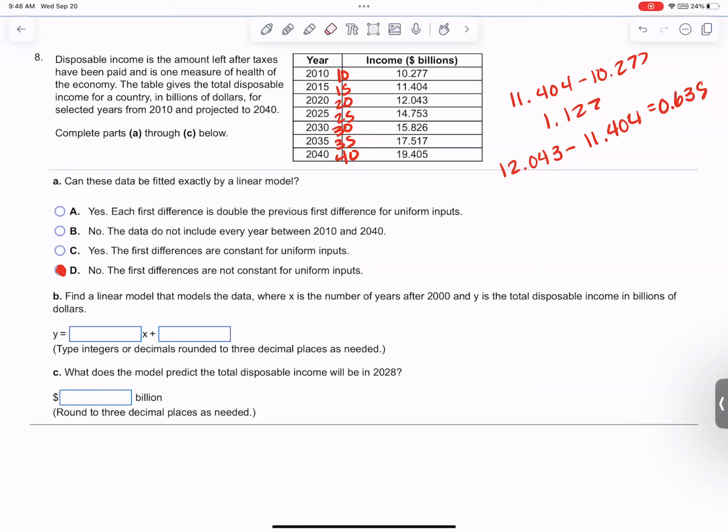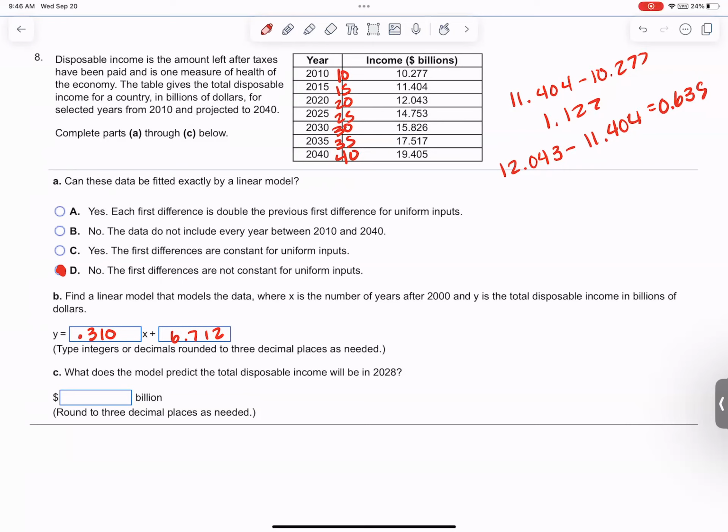Okay, so we're going to put that in: 0.310, 6.712. What does the model predict the total disposable income will be in 2028?